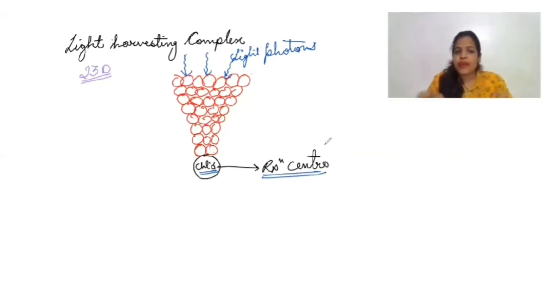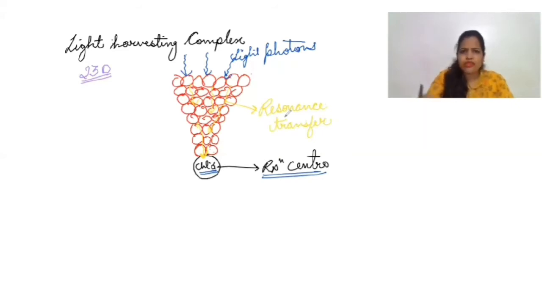So the accessory pigment molecules will trap the light photons and transfer them through these pigments, and finally this photon energy will be sent to chlorophyll A. This transfer of energy is known as resonance transfer.